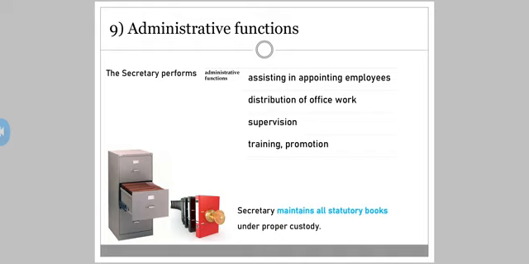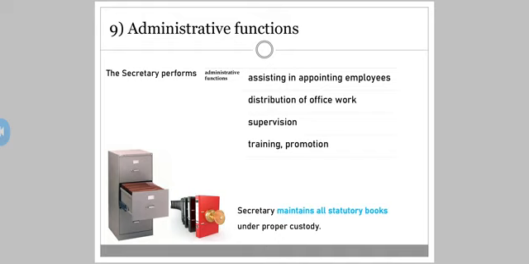Apart from these administrative functions, the secretary maintains all statutory books under proper custody. Now see, you can see in the image, keeping all the files properly and in lock. That is nothing but proper custody.